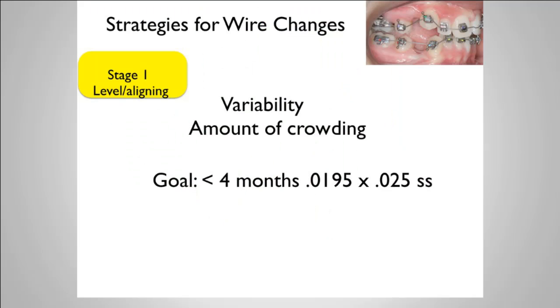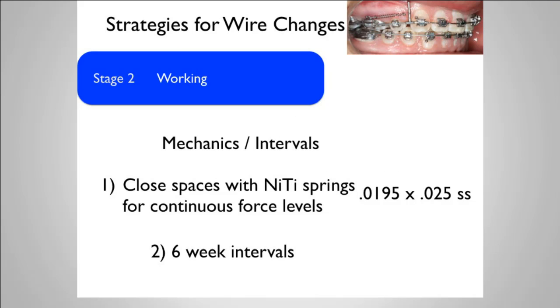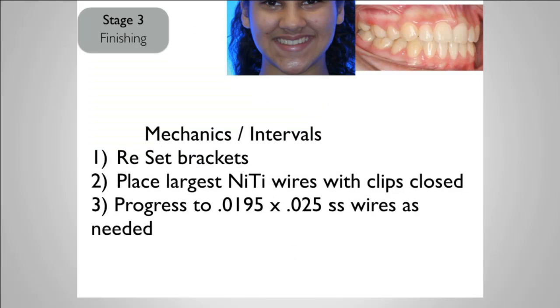Again, the strategies for space closure are stage 1, the amount of crowding, but our goal is to get to a 19 by 25 stainless steel wire in less than 4 months. We use the NiTi springs for space closure, intervals of every 6 to 7 weeks.